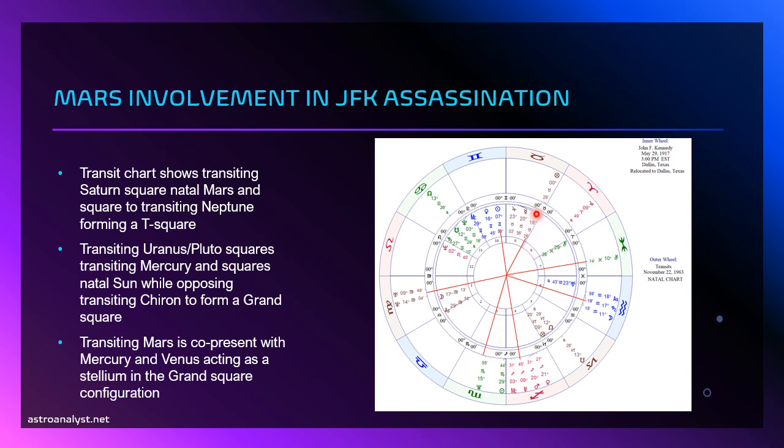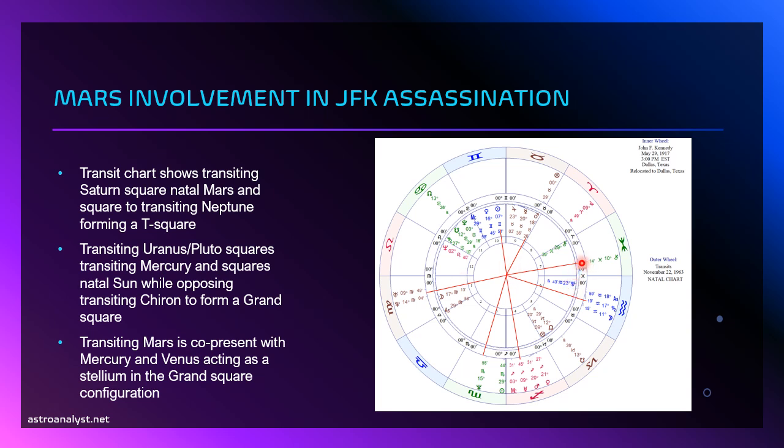That's a lot of dynamic energy, and it could very well produce a terrific amount of frustration as well as deception, which we see with the whole conspiracy movement around the assassination. Also of note is we have transiting Uranus and Pluto opposing transiting Chiron. So you've got this opposition between Chiron, Uranus, and Pluto, and both of those are squaring the Sun at 7 Gemini, the life force, and transiting Mercury. So we have a T-square that's not a T-square.